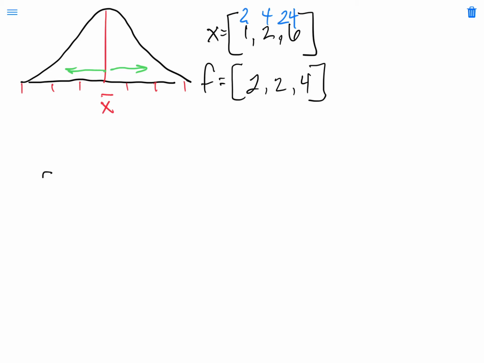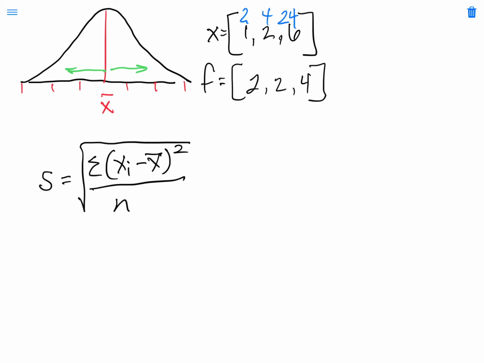The usual standard deviation equation was each observation minus the mean, squared, summed, and divided by n minus 1.